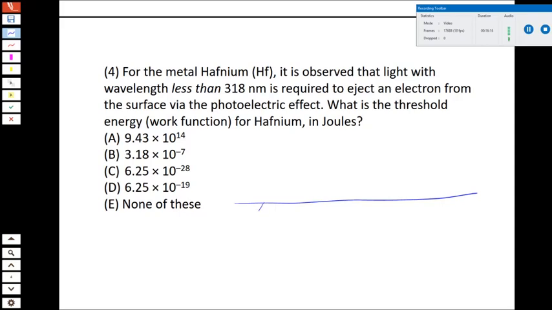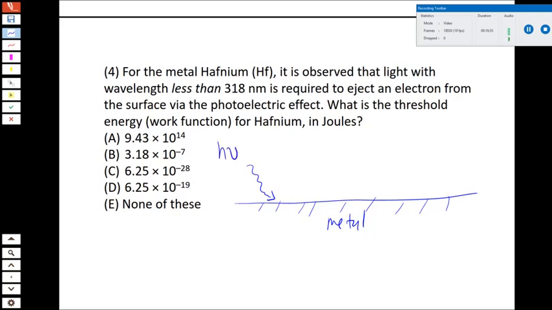So remember, in the photoelectric effect, we have a metal surface, and we shine light on that surface. That light is going to have some characteristic frequency, nu, and the energy of that photon is going to be equal to h times nu.